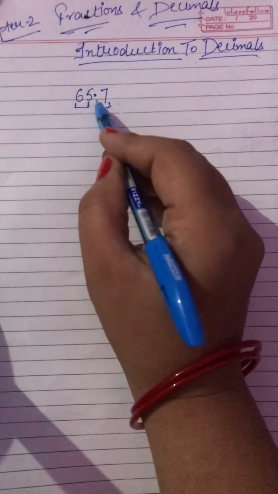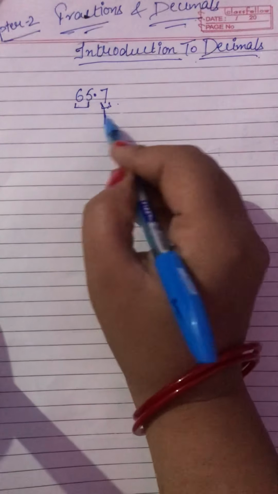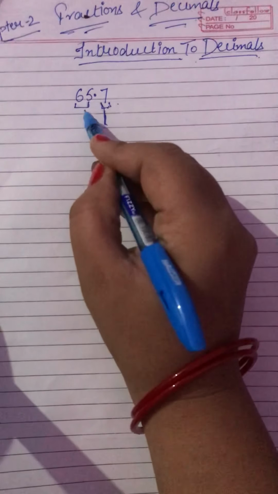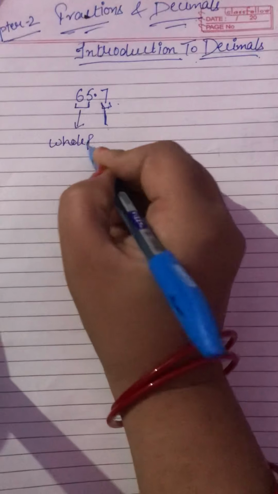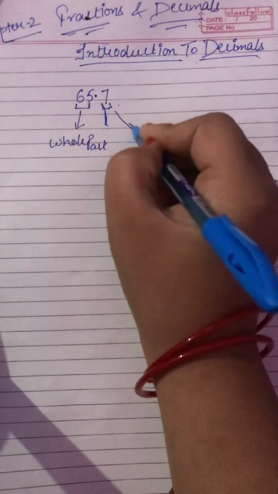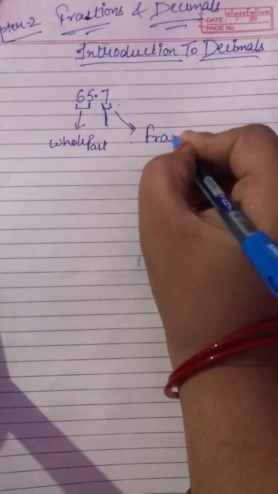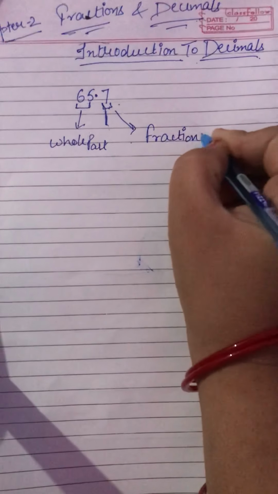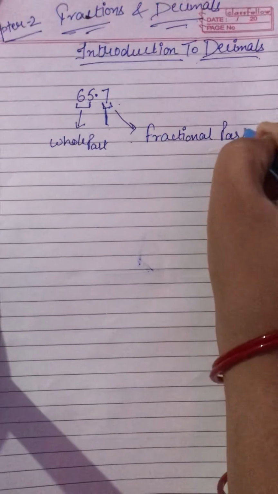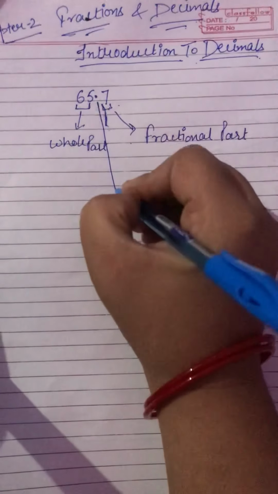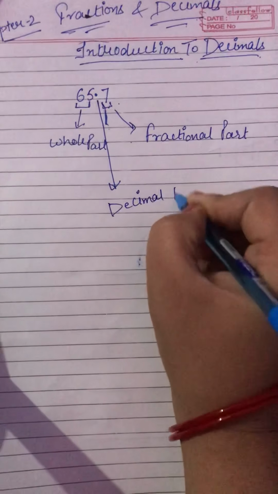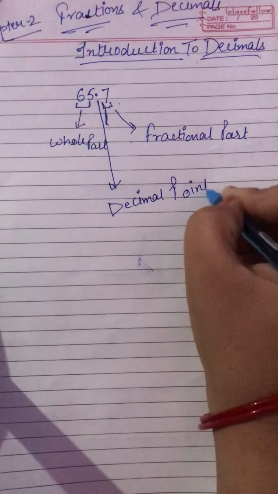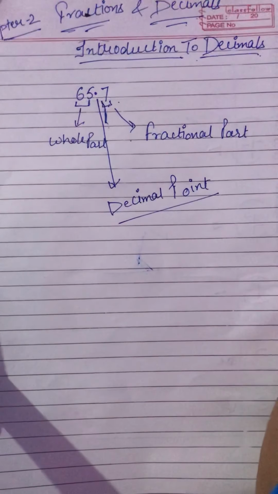Suppose this is a decimal number, and this part is the whole part, and this is the fractional part, and this is the decimal point. The decimal point separates the whole part and the fractional part.